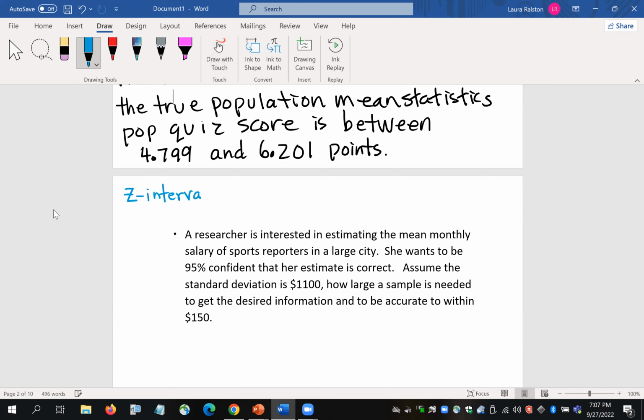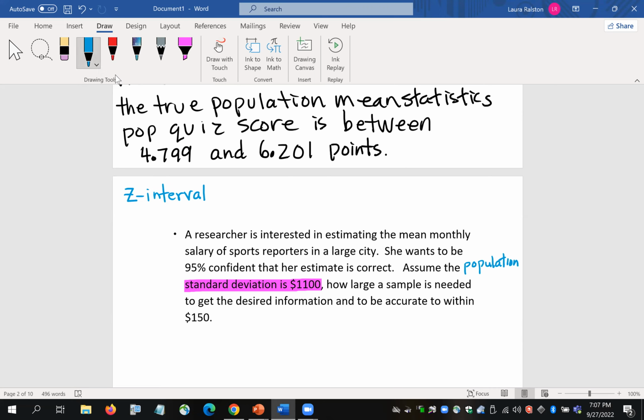And again, if you read through the problem, which we'll do in just a minute, the story does leave out the words population standard deviation, but I'm going to assume that the population standard deviation is 1100.